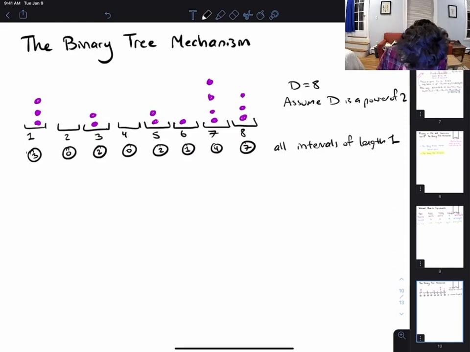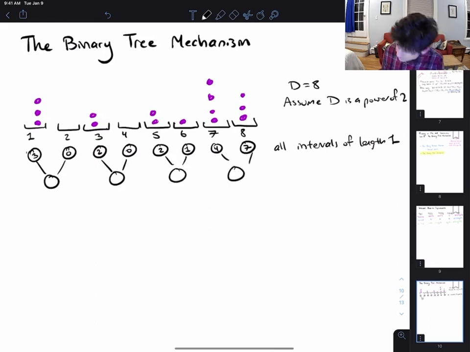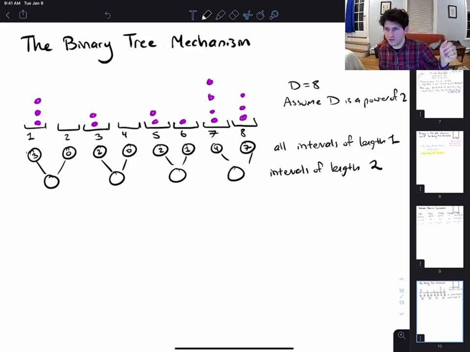So what we'll do is add a query for consecutive intervals of length 2. Okay, so not all intervals of length 2, but I'll just take the interval from 1 to 2, 3 to 4, 5 to 6, 7 to 8. So I'll just take a set of consecutive intervals of length 2.